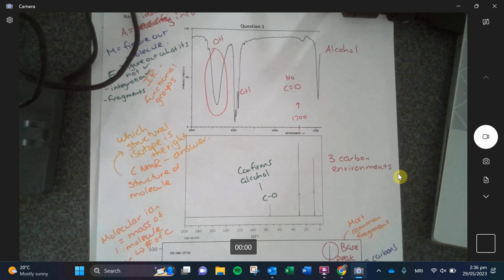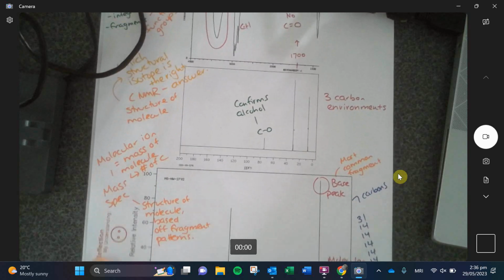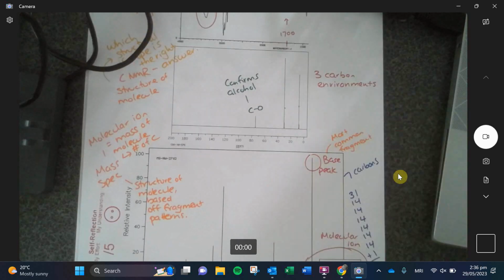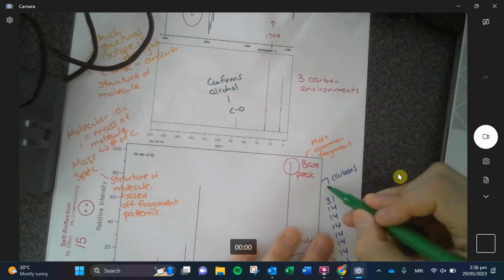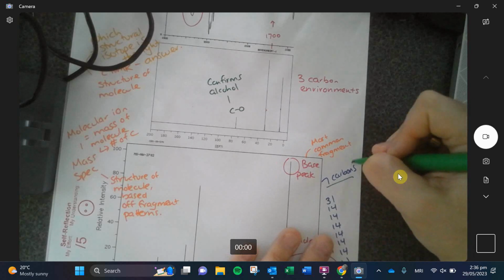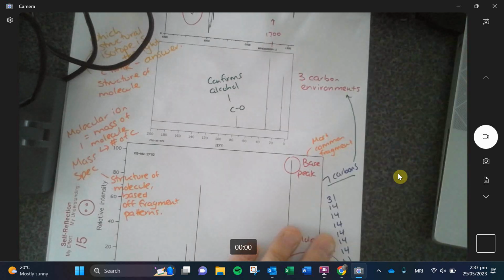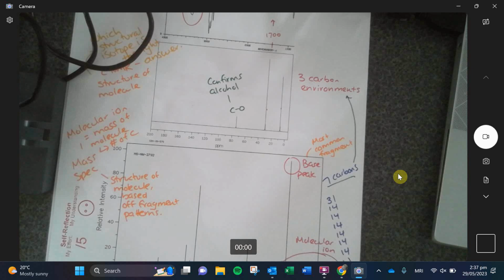All right. Another thing that I can do to show that integration is I can connect my mass spec to my CMMR. So from my mass spec, I know I have 7 carbons, but the CMMR data says there's only 3 carbon environments. So I can link these two together, and I can state that this suggests symmetry.